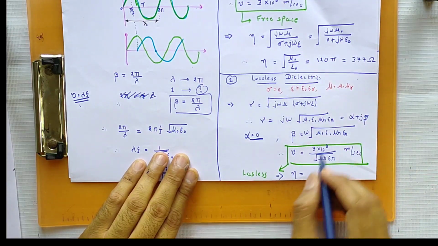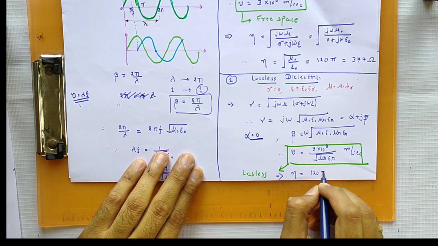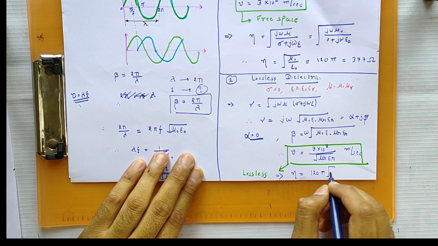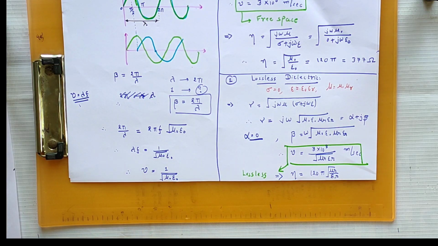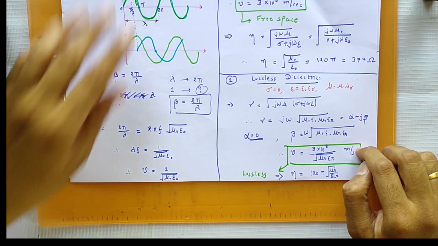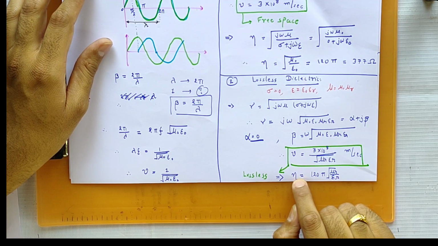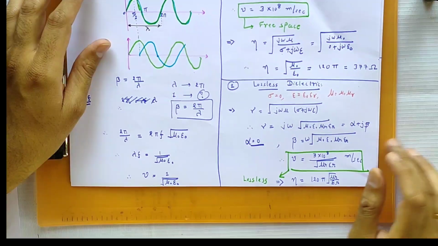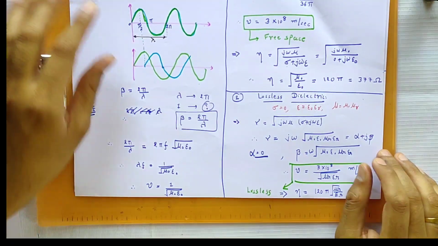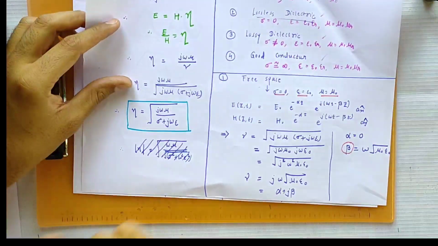So this is 120 pi, or you may write 377 ohm, times root of mu r by epsilon r. So these are the slight modifications of the propagation constant and intrinsic impedance when electromagnetic wave propagates through a lossless dielectric material.